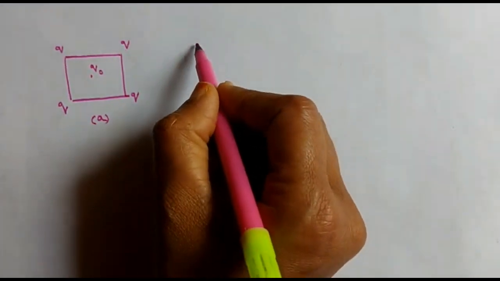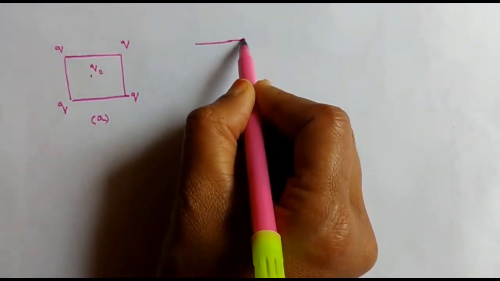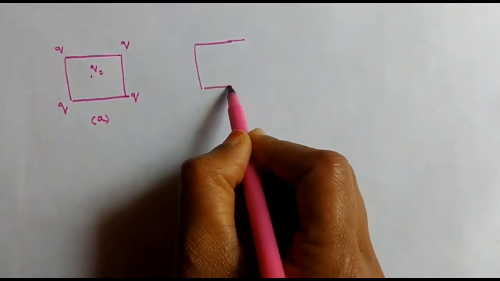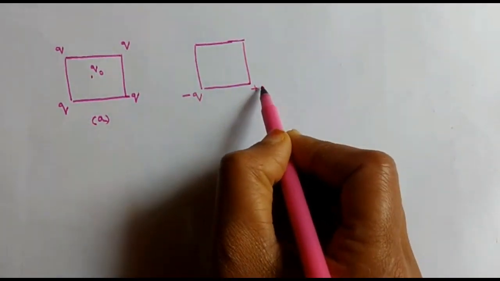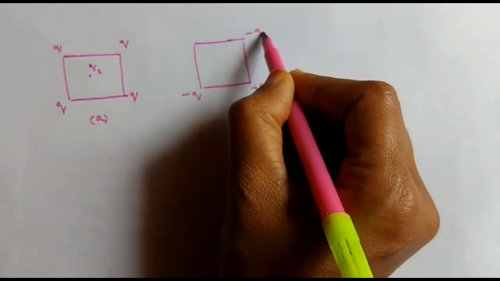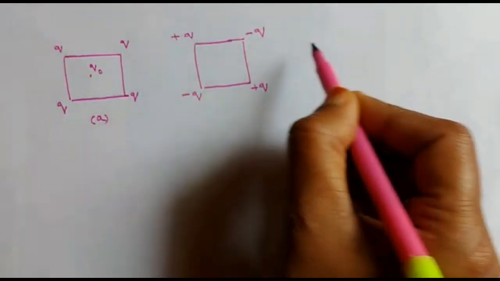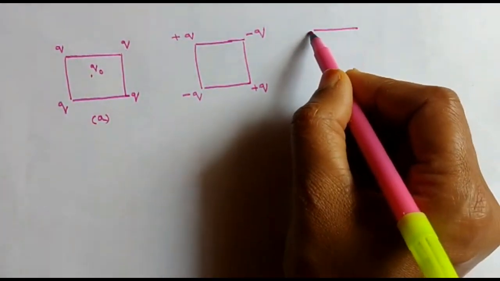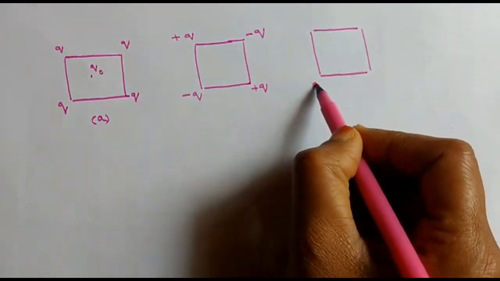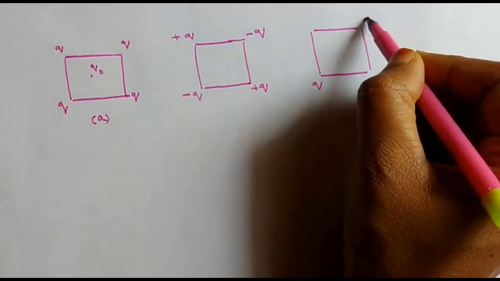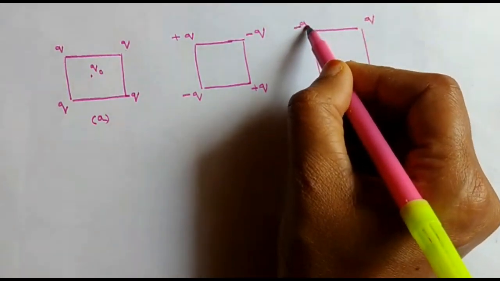A bit, I'll change the values. This may be minus, plus, minus and plus, any kind of arrangement. But in all the cases, the question is to find out the net force acting on a charge placed at the center.